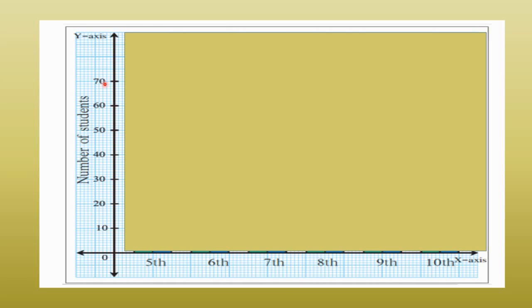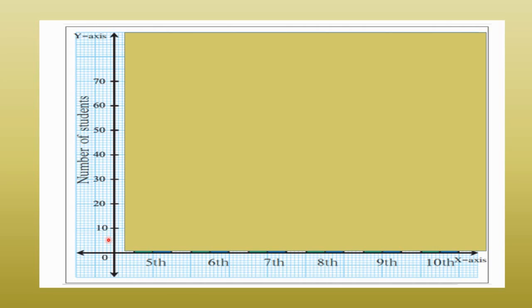So here you can see we have shown the classes on x-axis. Now we have to choose a scale for the y-axis. So here we have chosen 1 unit equal to 10 boys or 10 girls. So here you can see number of students. So scale is 1 centimeter equal to 10 boys/girls.